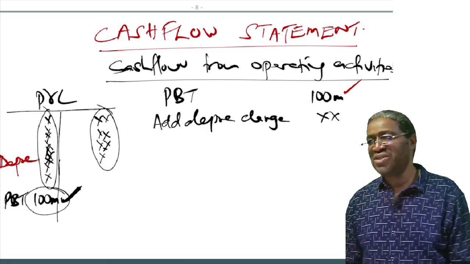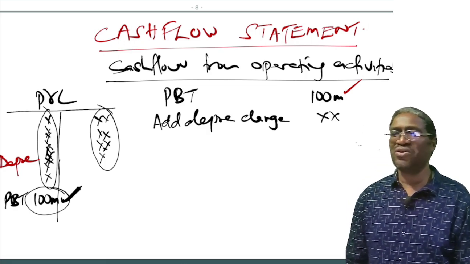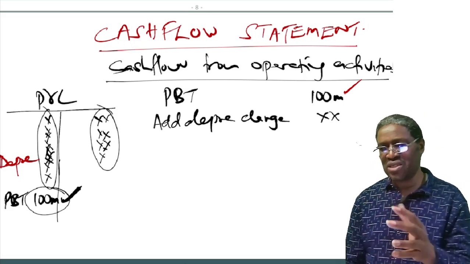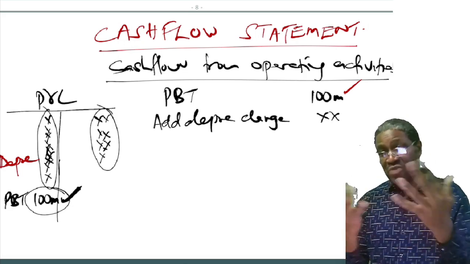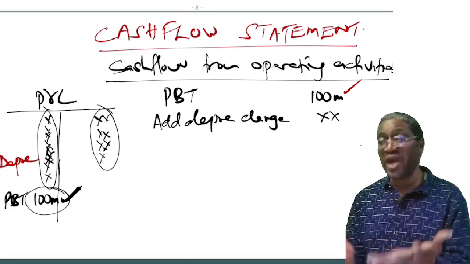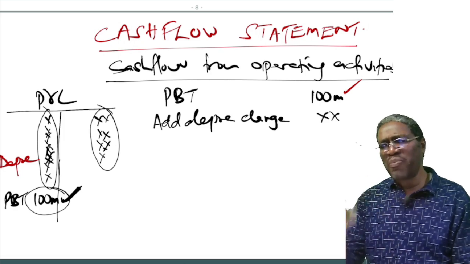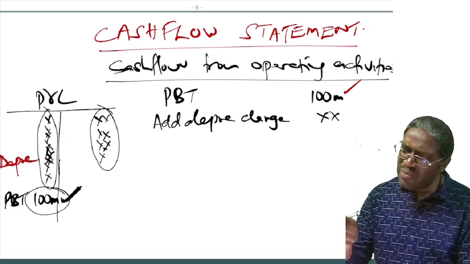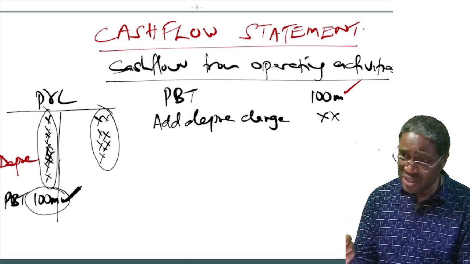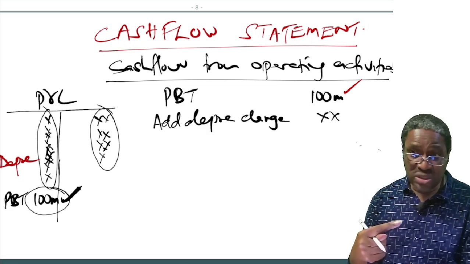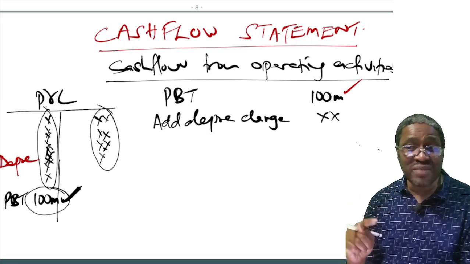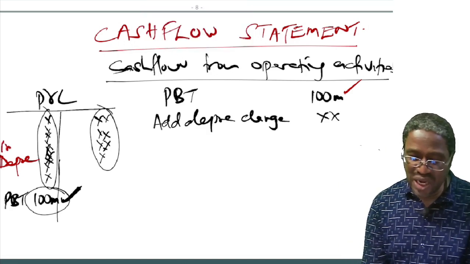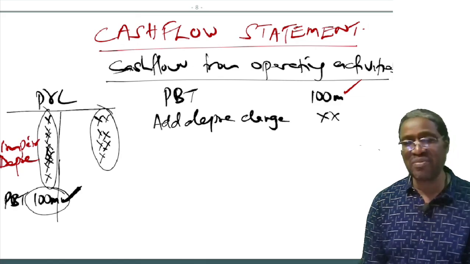Good. Ben is giving me impairment loss. Let me continue with that now. When you impair an asset like goodwill, for example, we don't depreciate goodwill, we impair goodwill. That impairment loss is not a cash item that you paid, yet you debited the P&L account with that item called impairment.